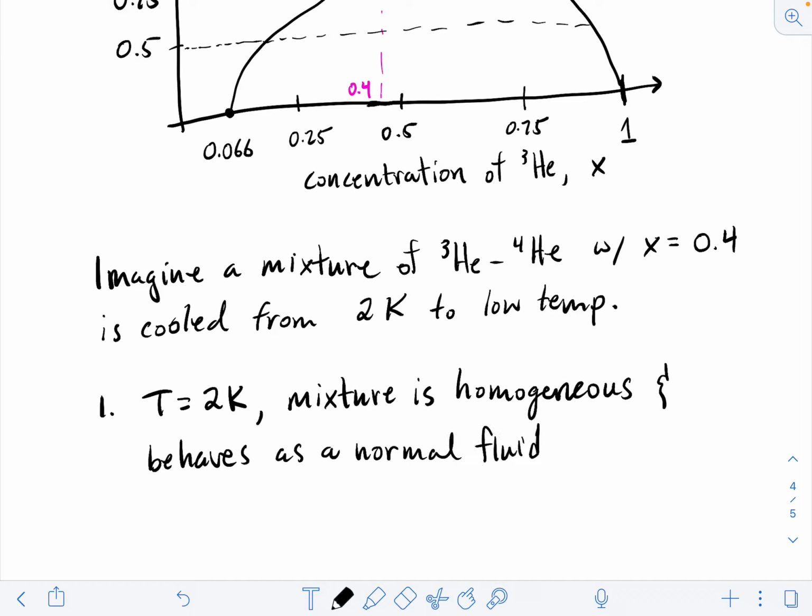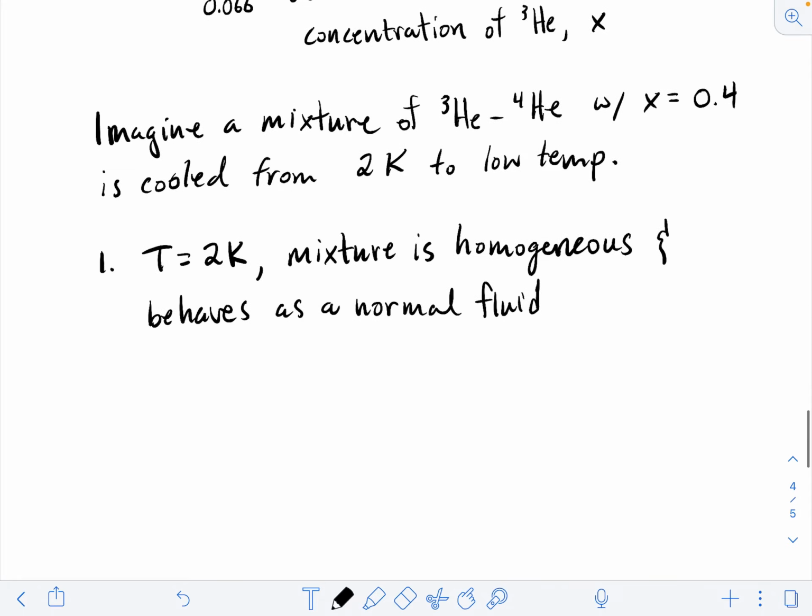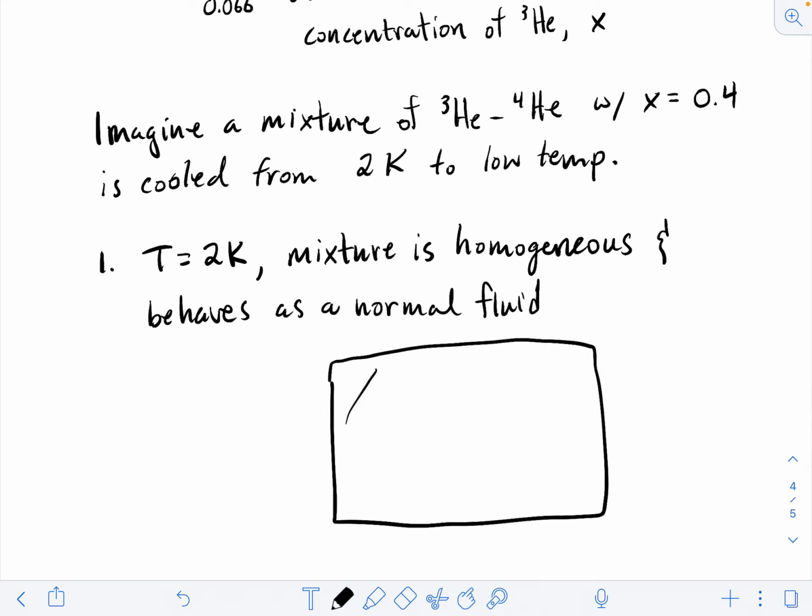So remember this argument about the 0 point energy of helium-3 being bigger than the 0 point energy of helium-4 is really only relevant at very low temperatures. And so if we're at some elevated temperature, in this case 2 Kelvin, then we're not really worrying about this difference in 0 point energy having an effect on this binding energy, and we just have a uniform mixture of fluid. And so we'll represent that as some volume of fluid that is just homogeneous.